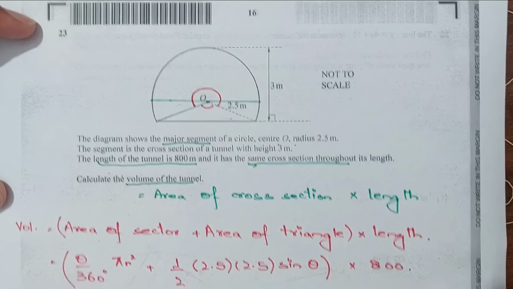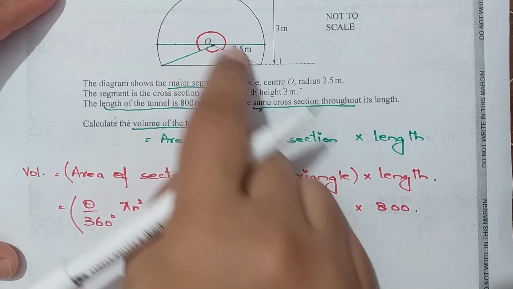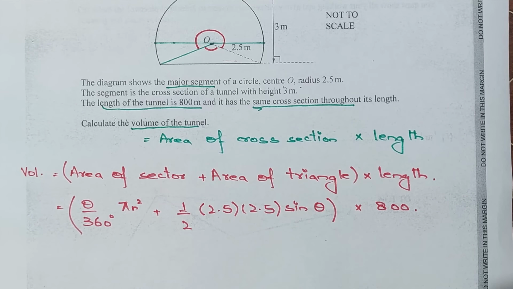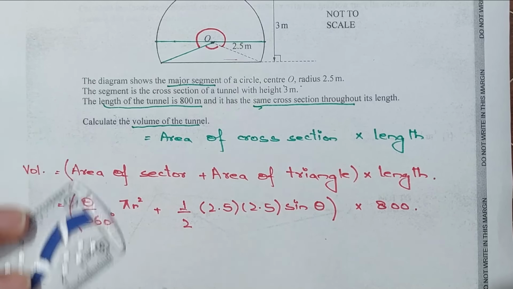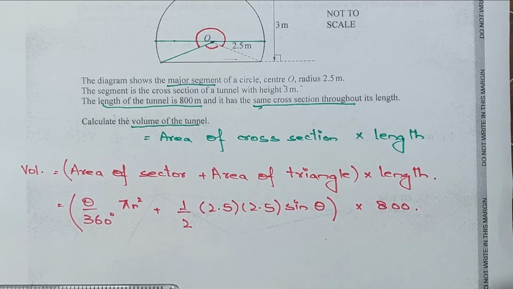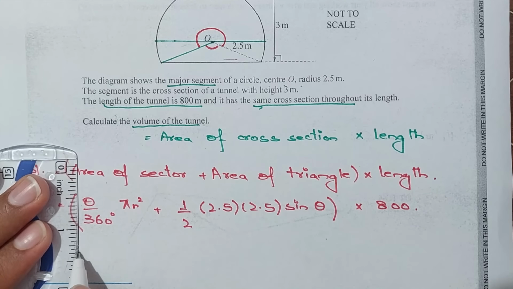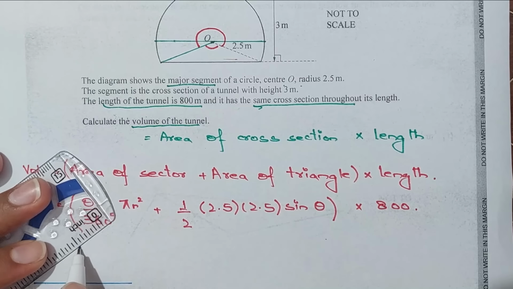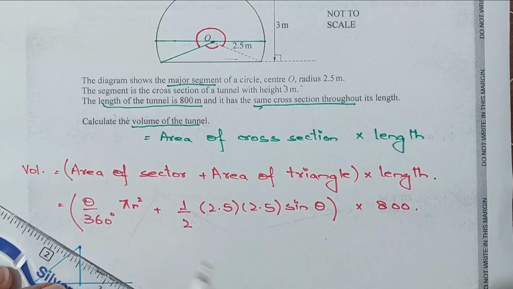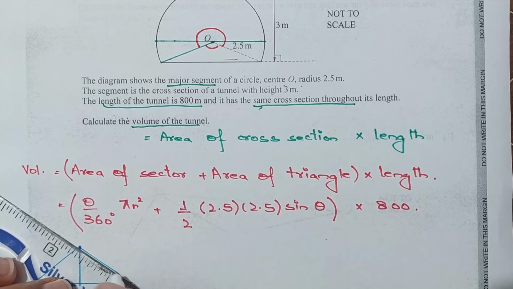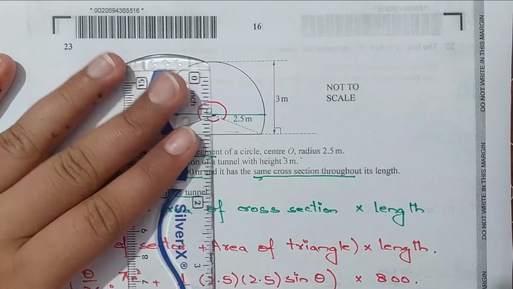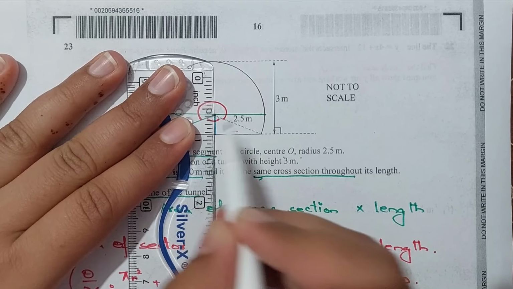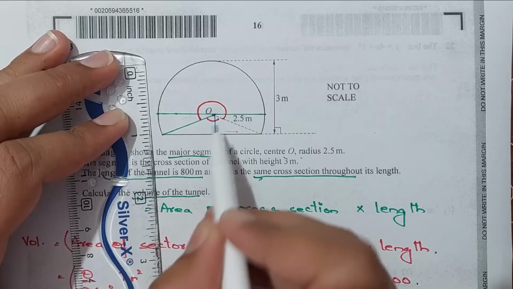All right, so if I draw this triangle separately to visualize the situation more clearly, this is 2.5, this is 2.5.